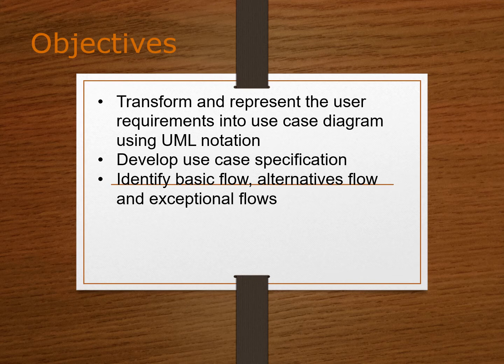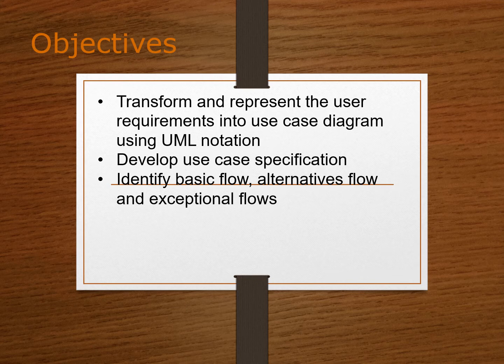We use use case diagram to transform and represent the user requirement. Remember the question answering what the system should have? It is referring to the functionality of the system. We want to transform that into a diagram in the UML notation form.